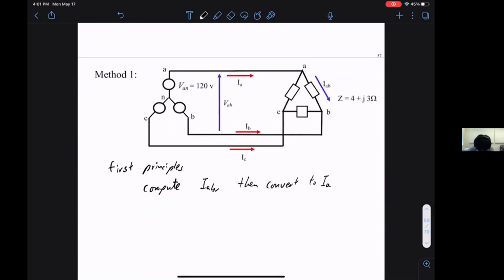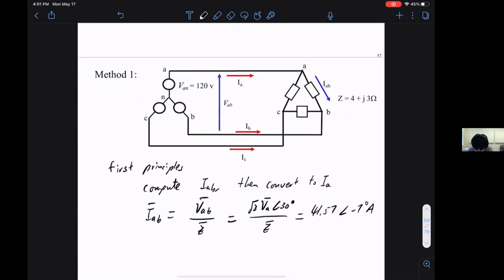So I can say IAB is VAB divided by Z. VAB is √3 VA angle 30 degrees divided by Z. This turns out to be 41.57 angle -7 degrees amps.